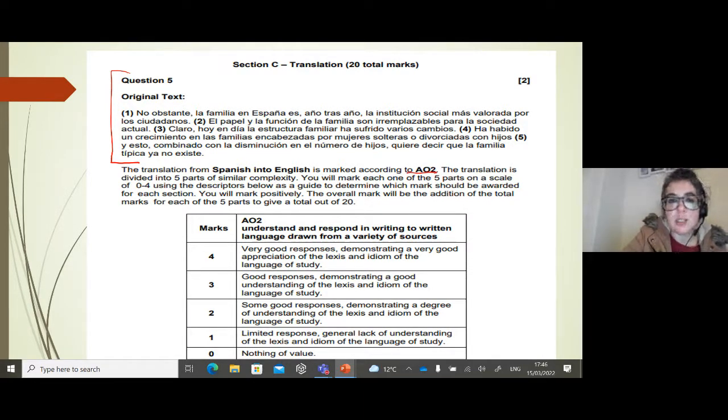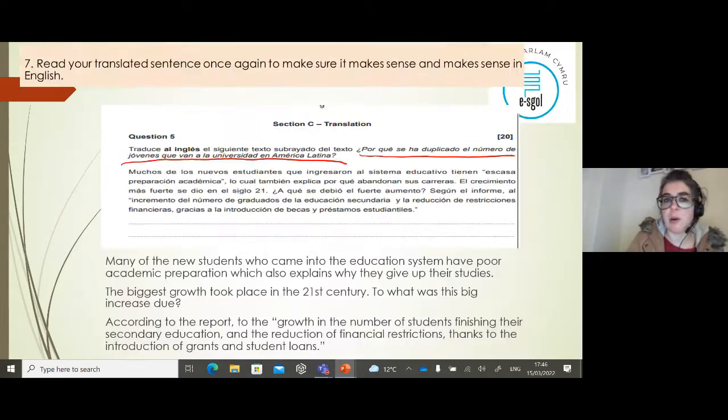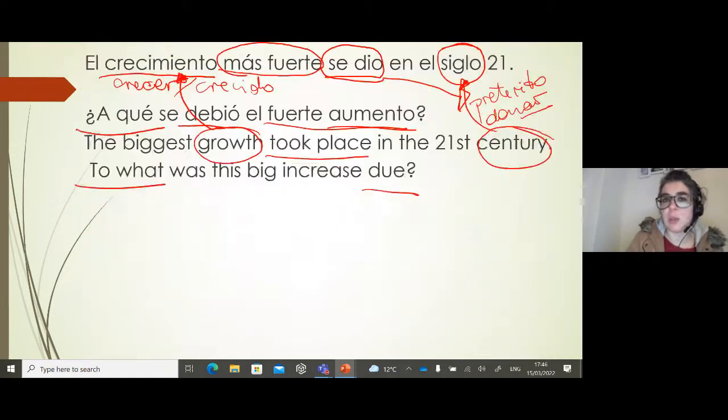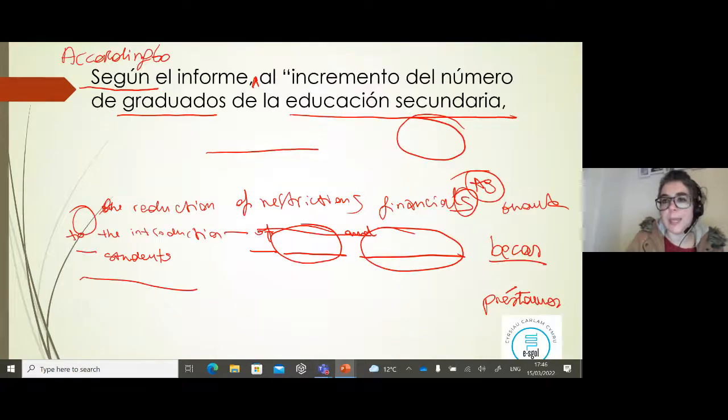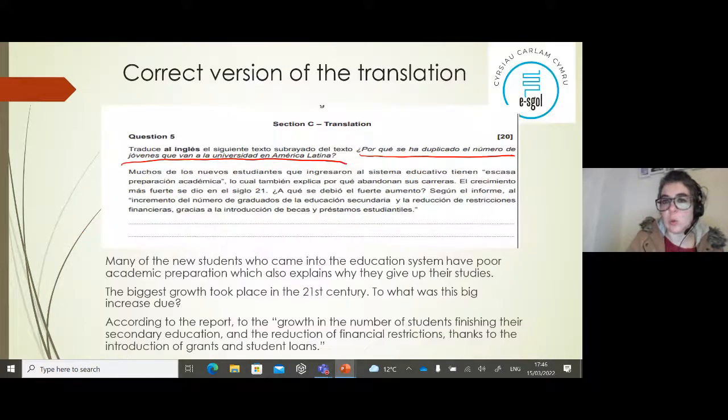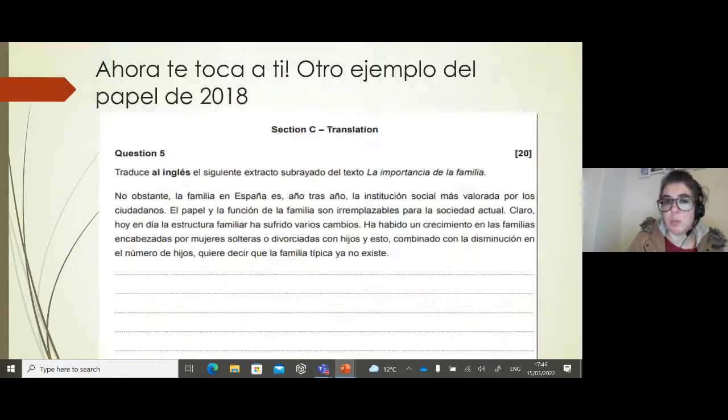The translation is divided into 5 parts of similar complexity, which is a bit what we have done earlier on, breaking it down. So this is the way that your translation will be marked.